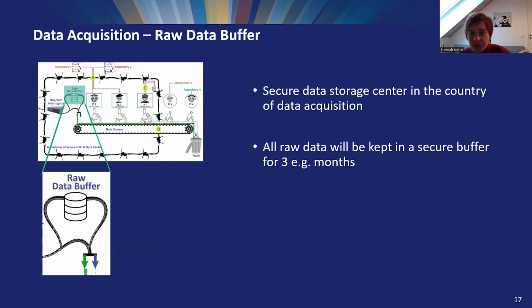And then it goes from there into a raw data buffer. The raw data is usually held in the buffer for a fixed period, because otherwise the storage costs would be just tremendously high. And the size of the storage may indicate the length of the period that we can store the raw data for.